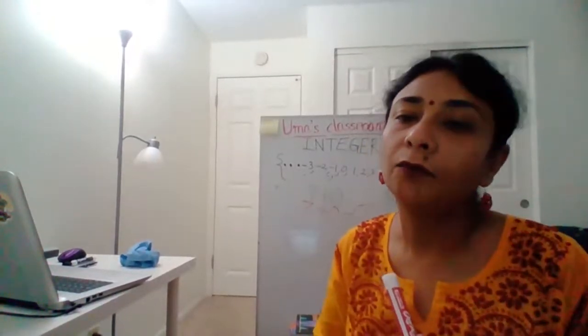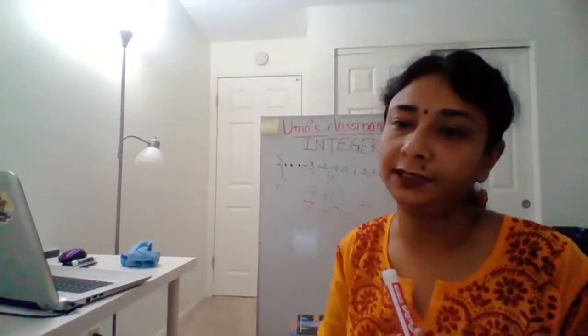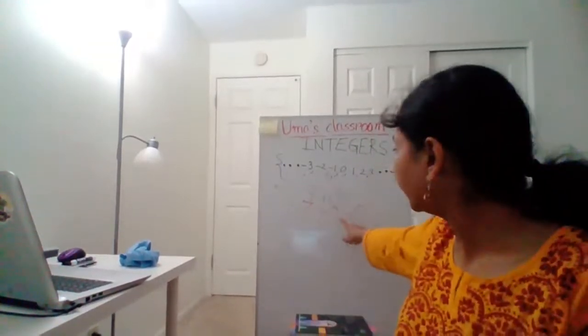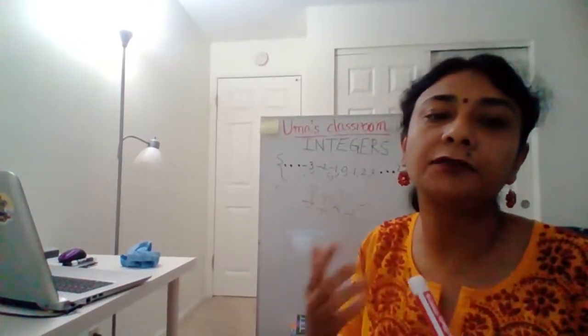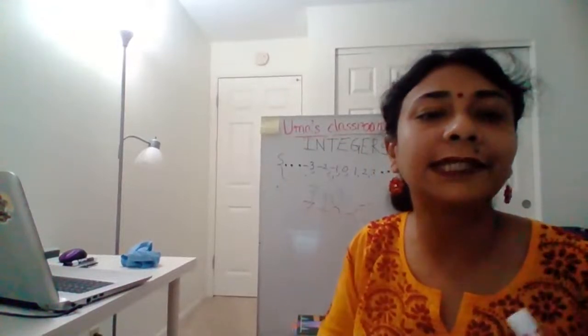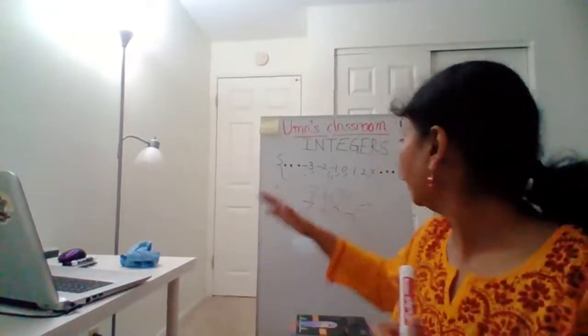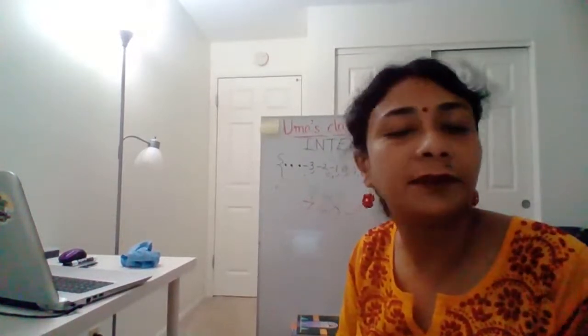That's why 1 is known as the multiplicative identity, and 0 is known as the additive identity, as whenever you are adding 0 to any integer, you are getting the same integer back.